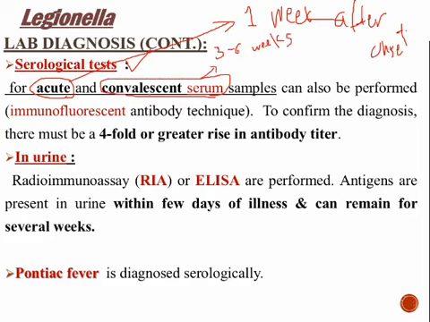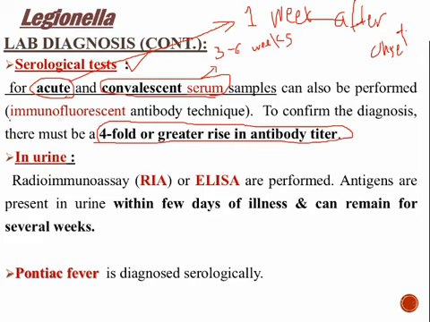Why do we need 2 samples? Because we need to monitor the antibody titer. We monitor the IgG antibody titer, and if there is a 4-fold rise in antibody titer in the convalescent serum sample compared to the acute serum sample, then this confirms the diagnosis.